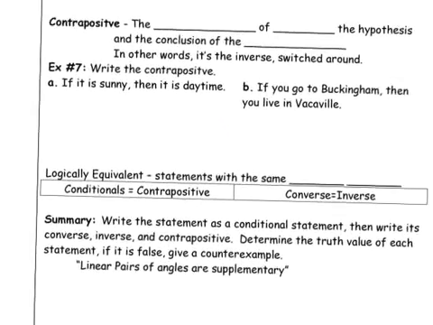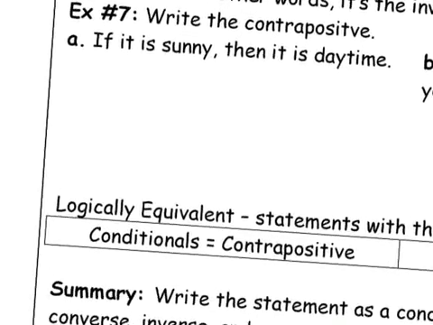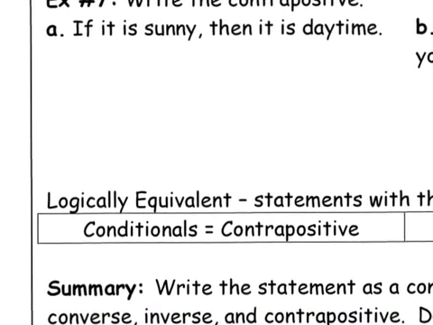Alright, last term here is the contrapositive. And the contrapositive is the negation of both the hypothesis and the conclusion of the converse. So now we're going to switch the order and negate both statements. So let me give you an example. Write the contrapositive of if it is sunny, then it is daytime.